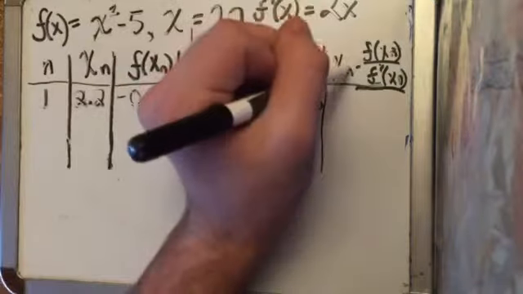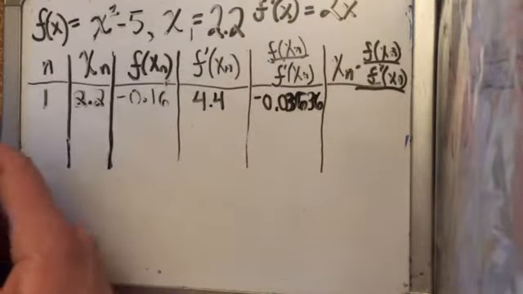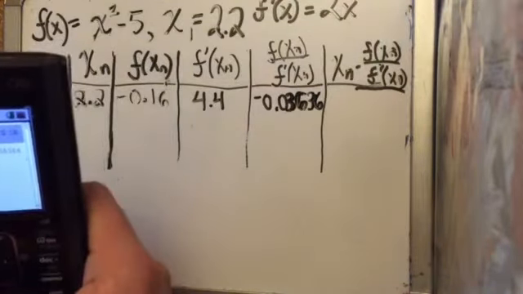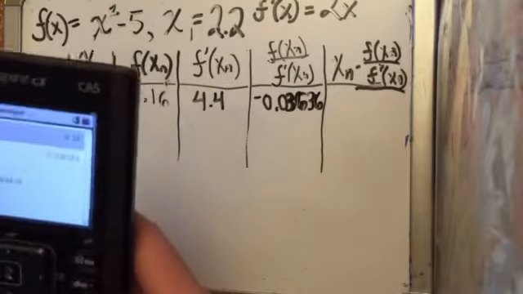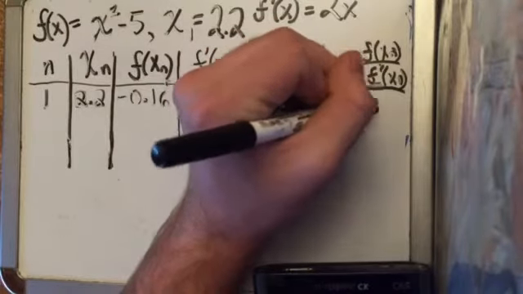And so 2.2 minus negative 0.03636 is 2.23636.